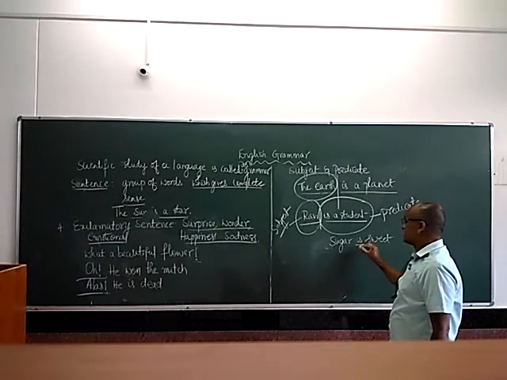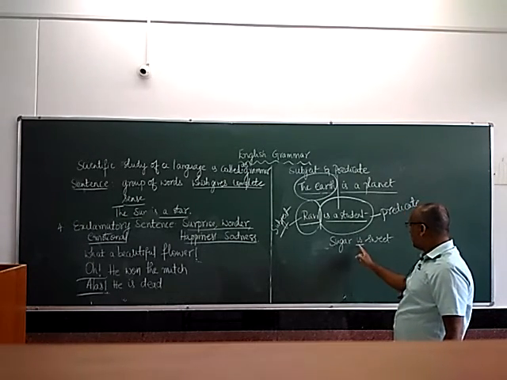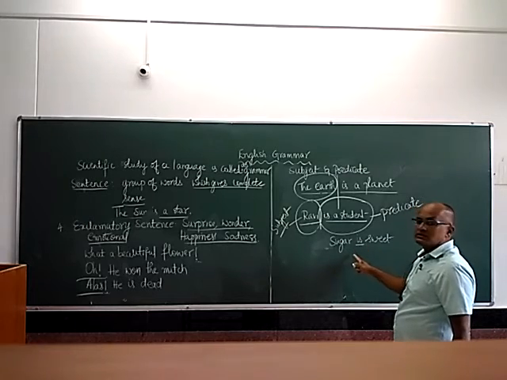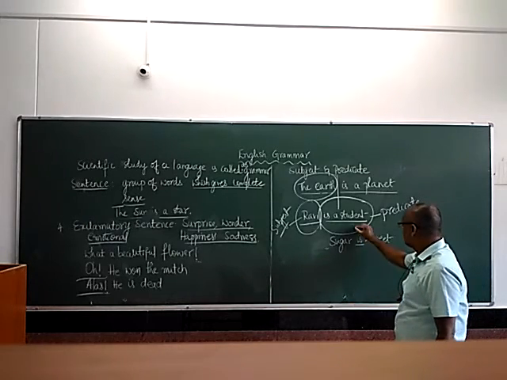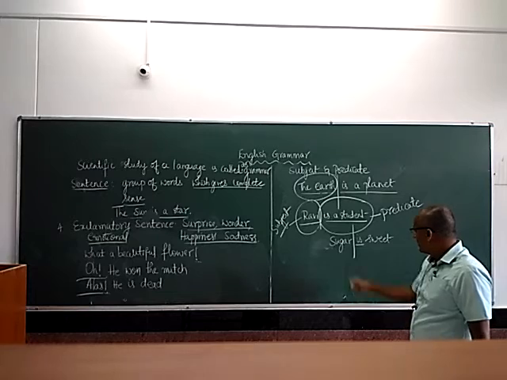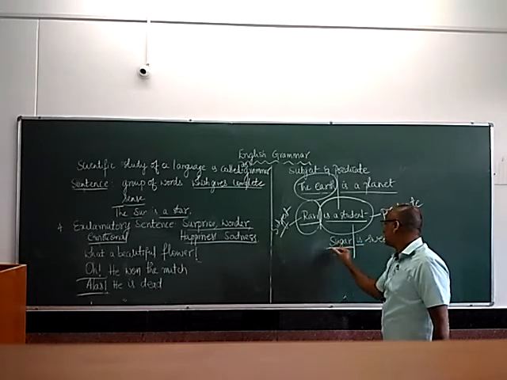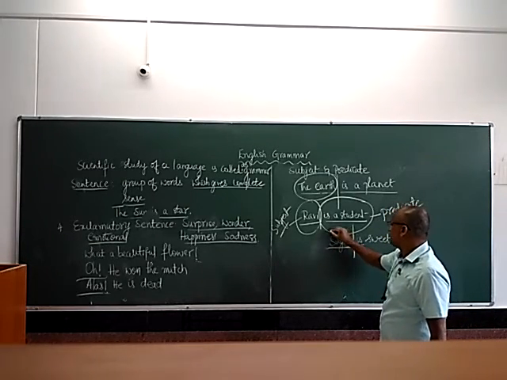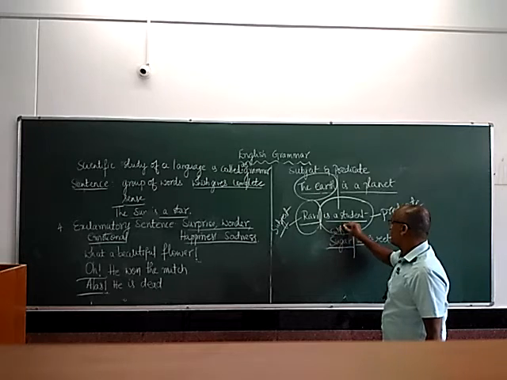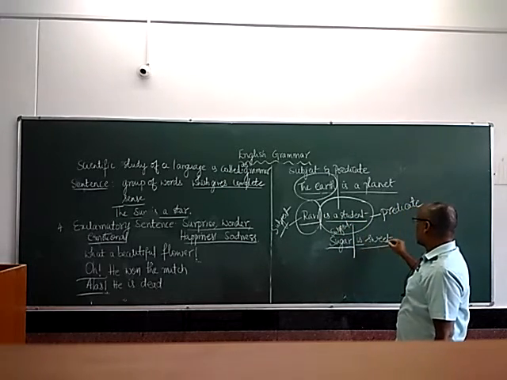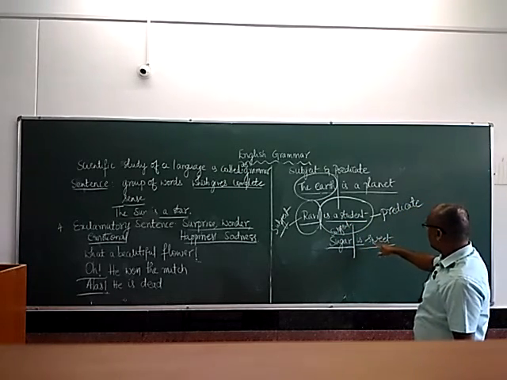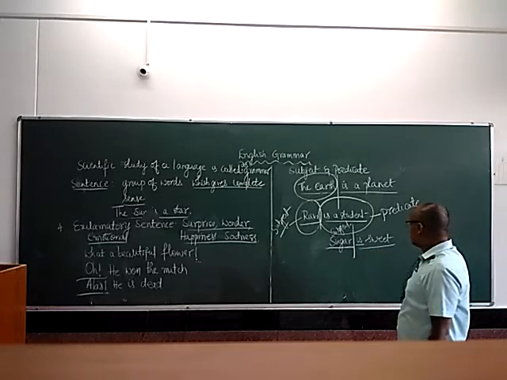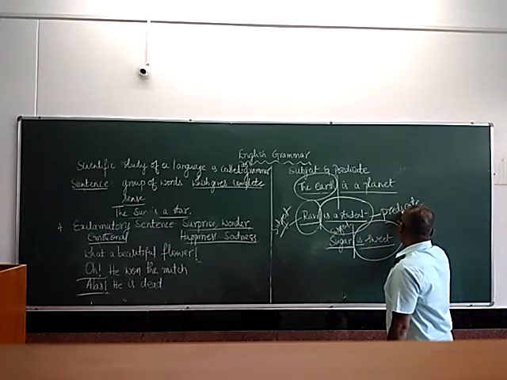Where is verb? This is verb. And mark just before the verb. Anything which comes before this verb is subject. And whatever comes after the verb, including that verb, that is nothing but predicate.